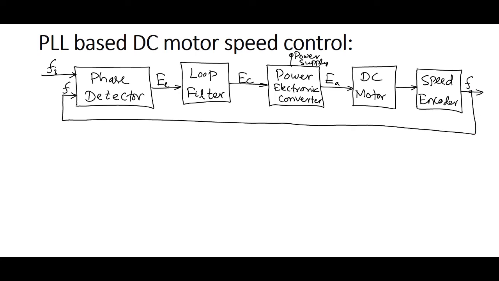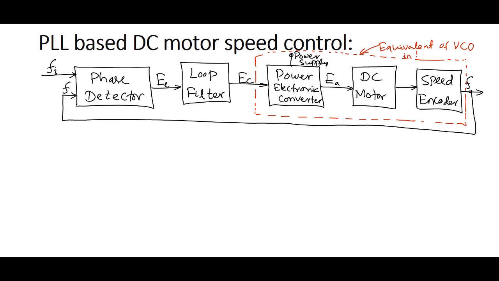So, this block is the equivalent of the voltage controlled oscillator in a basic PLL. In a basic PLL the VCO converts the control voltage EC to an equivalent pulse train F, but here it is converted by the power electronic converter first to an output voltage EA proportional to control voltage EC.